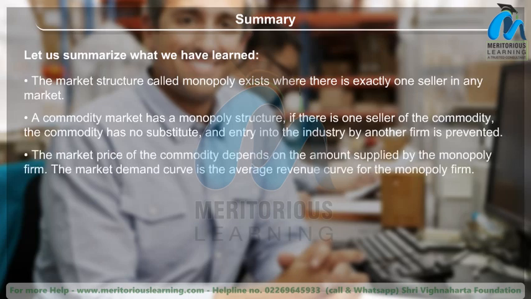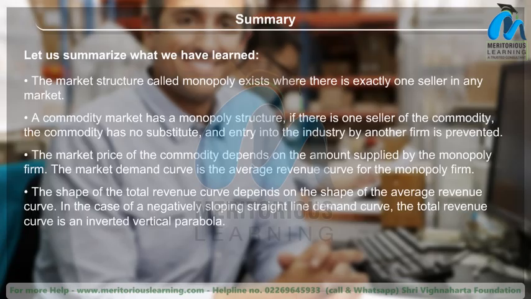The market price of the commodity depends on the amount supplied by the monopoly firm. The market demand curve is the average revenue curve for the monopoly firm. The shape of the total revenue curve depends on the shape of the average revenue curve. In the case of a negatively sloping straight line demand curve, the total revenue curve is an inverted vertical parabola.